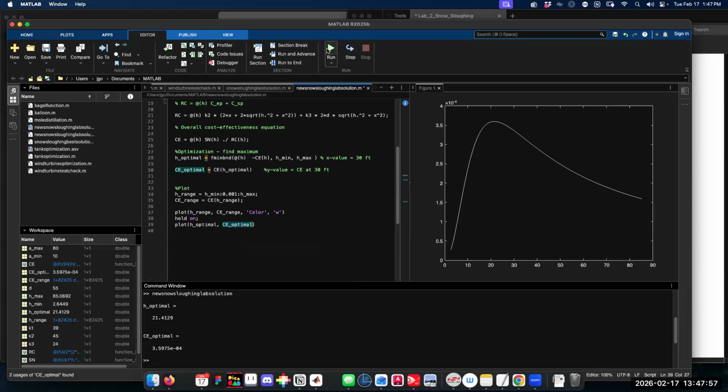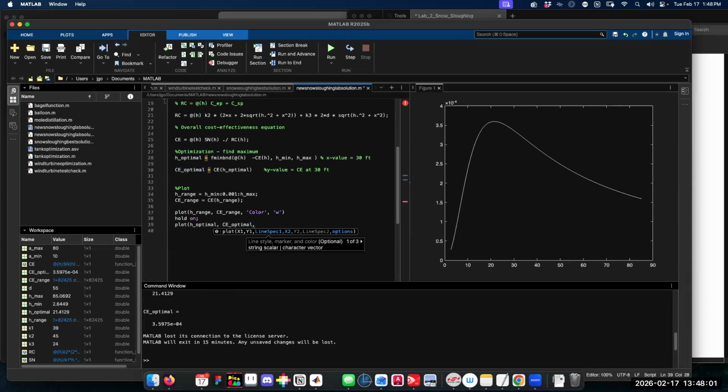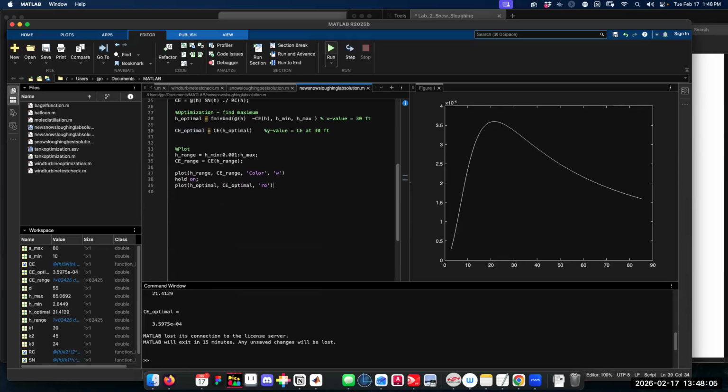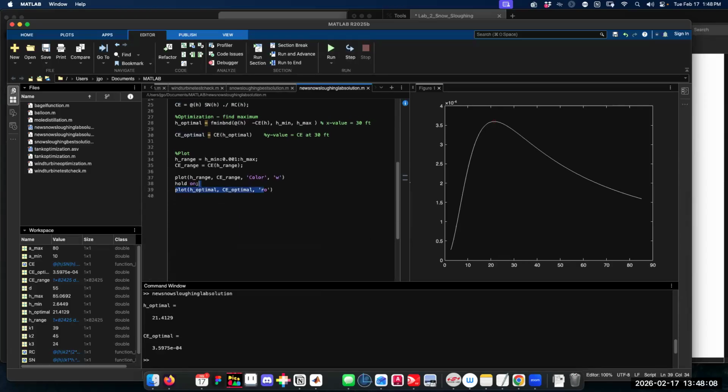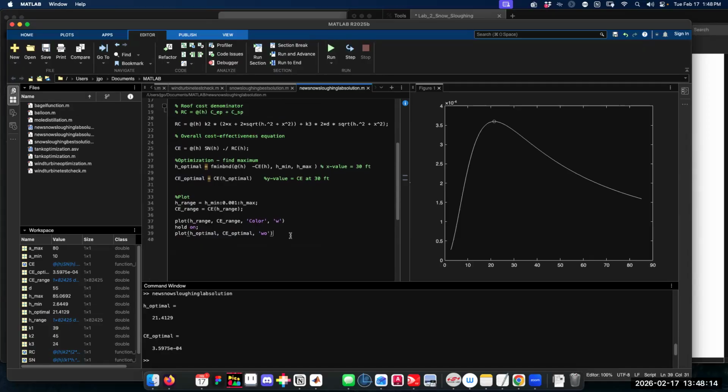If I press play, it'll plot it, but we need to describe what the thing is, so we can do, I think, 'ro'. There we go. It's red and it's a circle like that. It's hard to see red, I'll do white. I honestly don't memorize the plot styles, I just look them up.